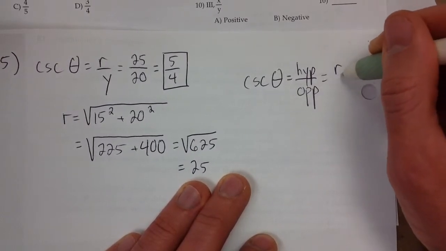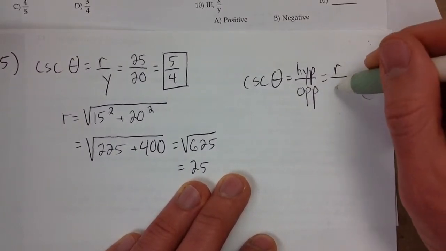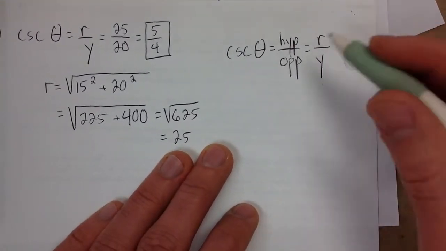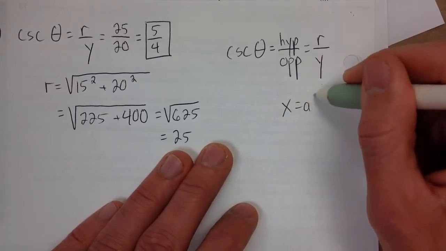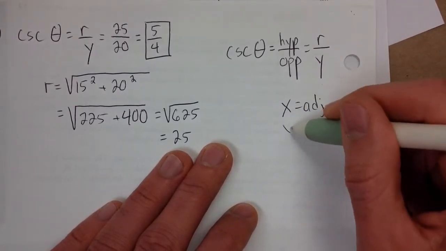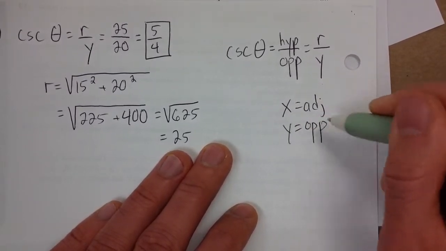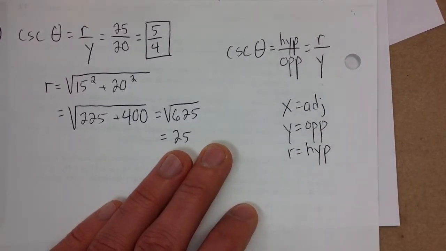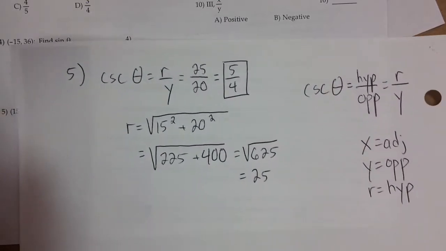R is the hypotenuse, and the opposite is y. So if you like the SOH CAH TOA definitions, which is fantastic, then x is the adjacent, y is the opposite, and r is the hypotenuse. Any other questions on 5?